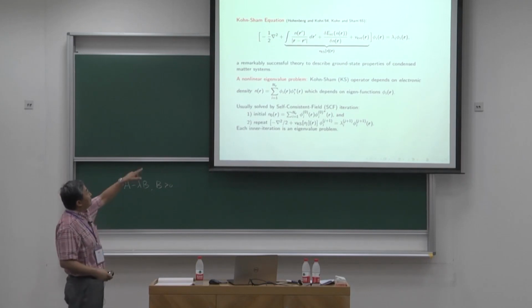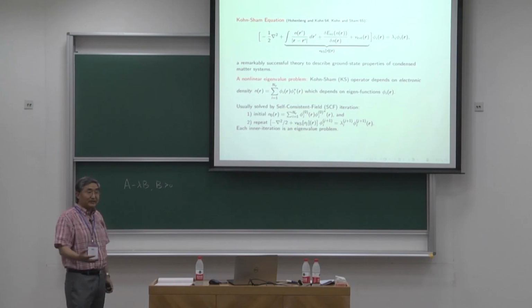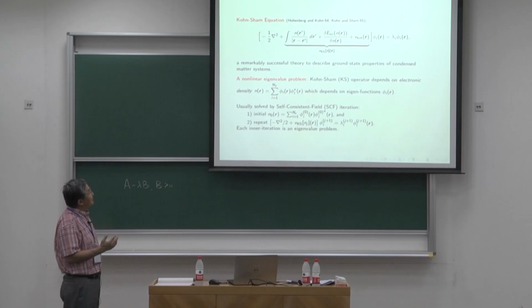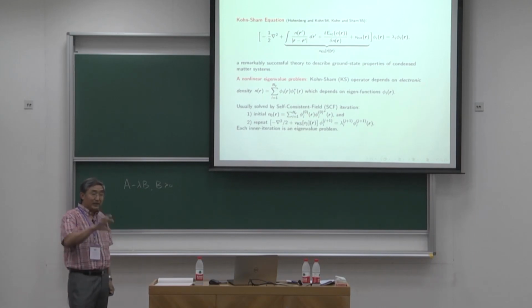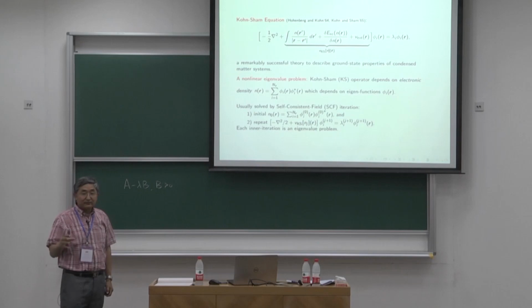So looking at the bracket itself, it depends on the eigenfunctions. So that becomes a nonlinear eigenvalue problem. It's different from the eigenvalue problem we usually look at, where the matrix depends on the eigenvalue. Here, the operator depends on the eigenfunction.